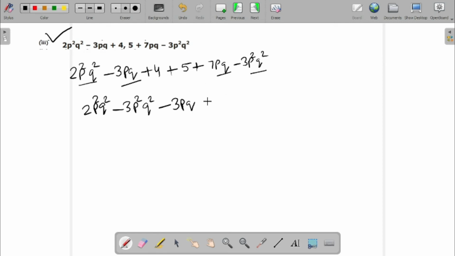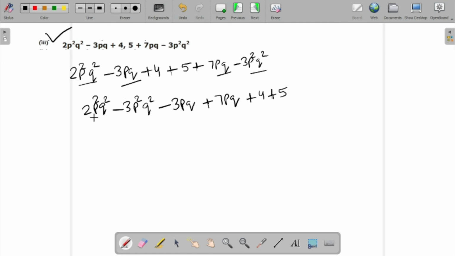Here also we have pq. So we write here 7pq. After this, we write what is left? 4 and 5. We can count the terms 1, 2, 3, 4, 5, 6. There are also 6. Now all terms we have taken.